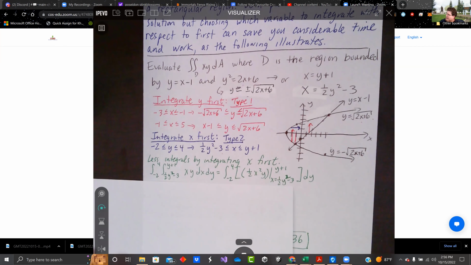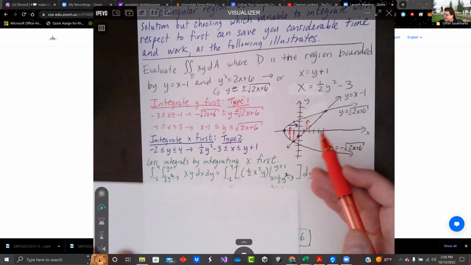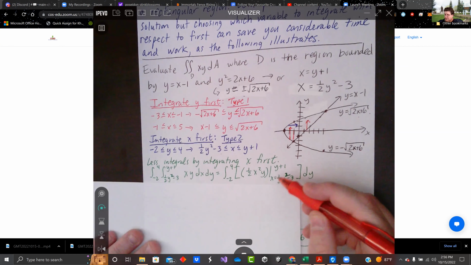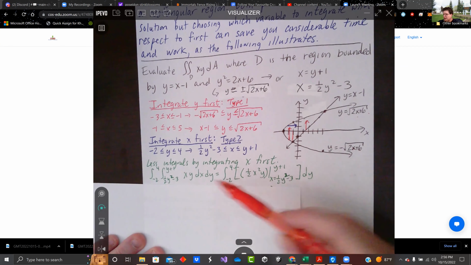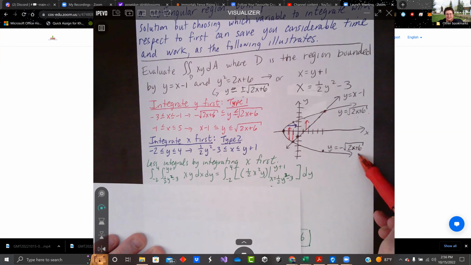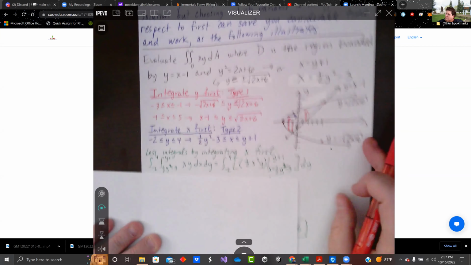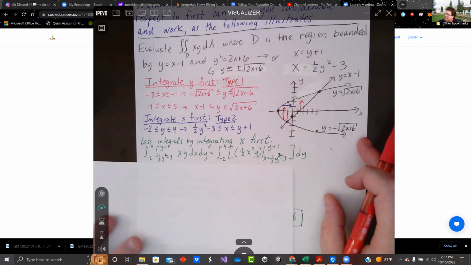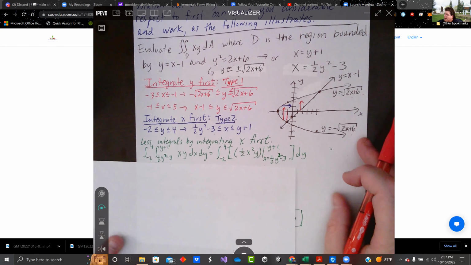So there's fewer integrals by integrating x first, and neither of them looks harder than the other. In fact, I like the lower limits better because I have polynomials, not square roots. I don't like square roots in the limits if you can avoid it. But we're integrating xy across dx dy.